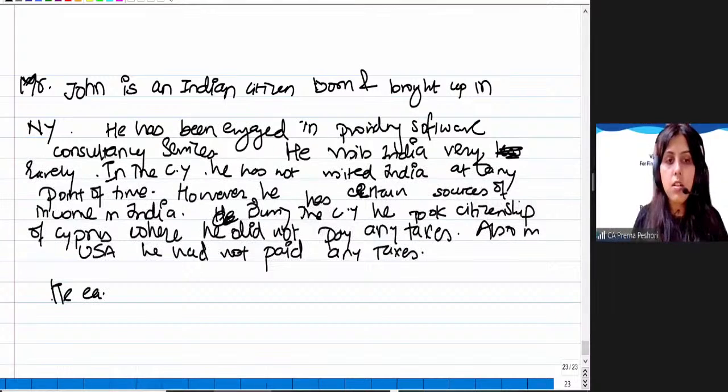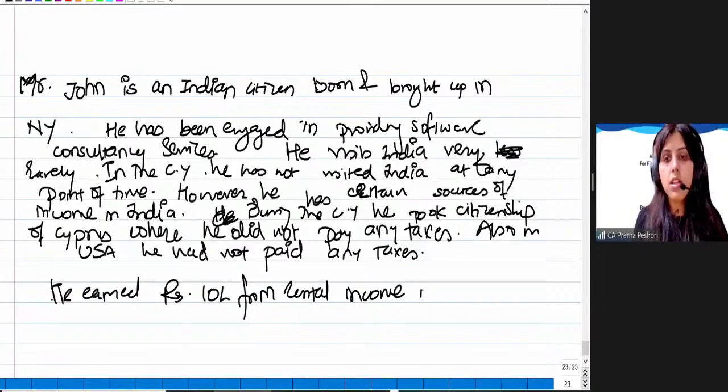He earned rupees 10 lakh from rental income in India.